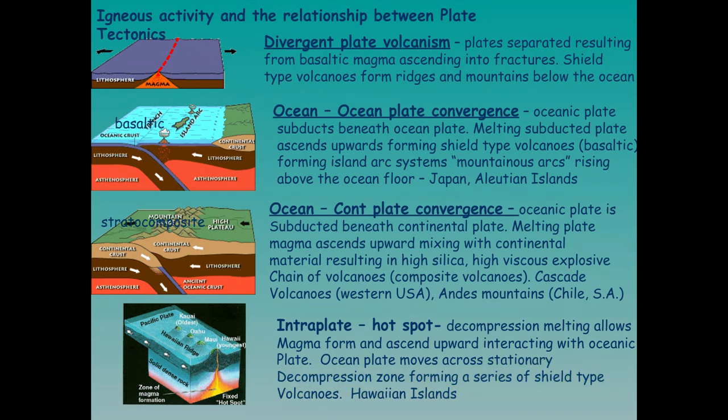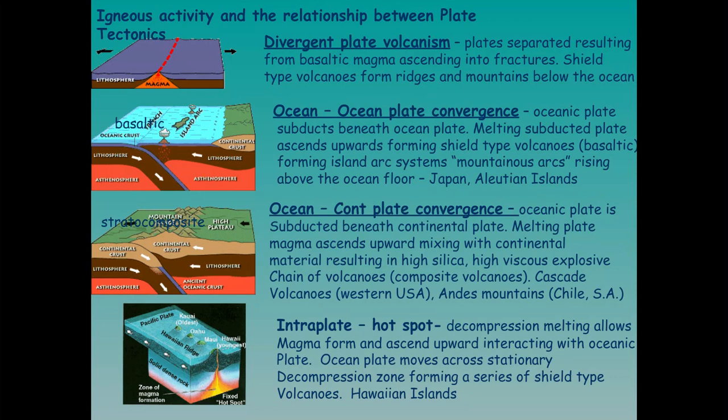And then really in the intraplate hotspot, when we say hotspot, we're talking about a hotspot that is very stationary. It doesn't move. However, the plate itself moves across or over the hotspot or the decompression zone. And as a result of the plate moving over the hotspot, it forms a series of shield type volcanoes.